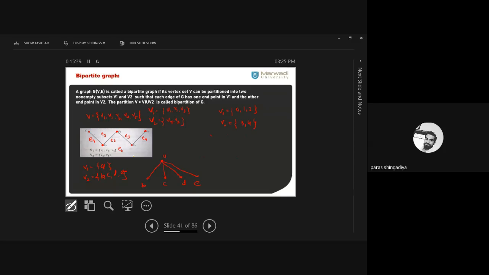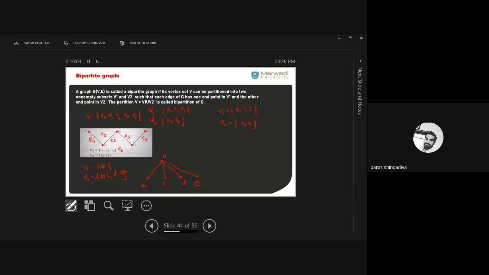ठीक है, V को दो पार्ट में आपको डिवाइड करना है, दो पार्टीशन में कन्वर्ट करना है as V1 and V2, such that each edge of the G has one endpoint in V1 and the second endpoint in V2. उसका एक endpoint V1 में होना चाहिए और दूसरा endpoint V2 में होना चाहिए. So this type of graph is known as a bipartite graph.